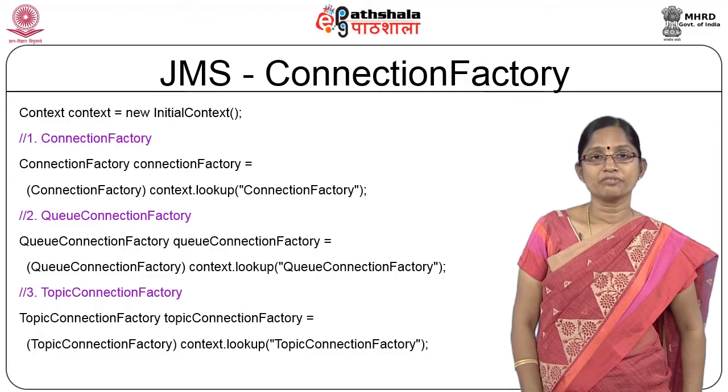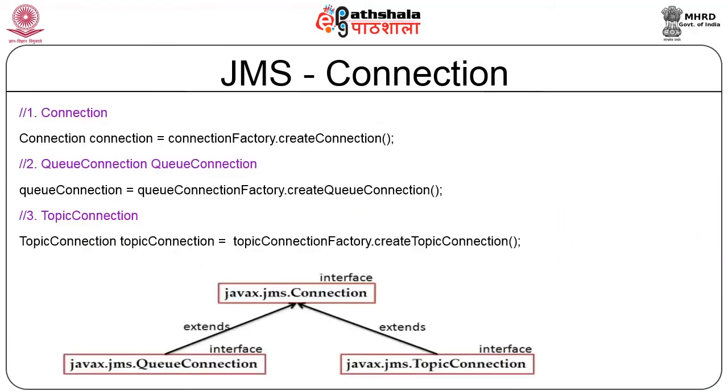The connection can be created as either a QueueConnection or TopicConnection. This has to be created only from the QueueConnectionFactory handle or TopicConnectionFactory handle, which you can see in the second and third lines: from the queueConnectionFactory handle, create the queue connection, and create the topic connection. This is just establishing a connection to the JMS provider, where the connection has been derived from the connection factory.